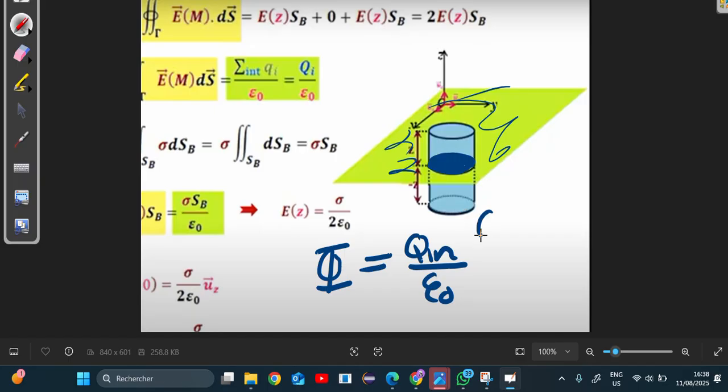You find the flux by saying the charge in over epsilon 0. This is why it simplifies the calculations: you had an infinity plane of charges, but now you have used a surface de Gauss, a cylinder. Always use a cylinder for your plan infini, and you see why it simplifies the calculations.